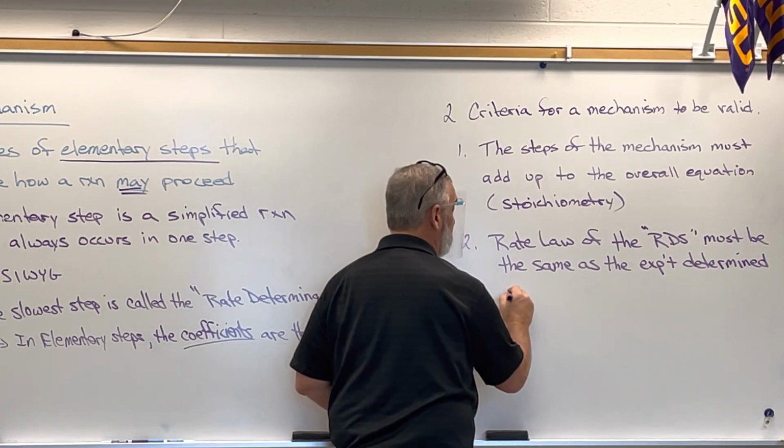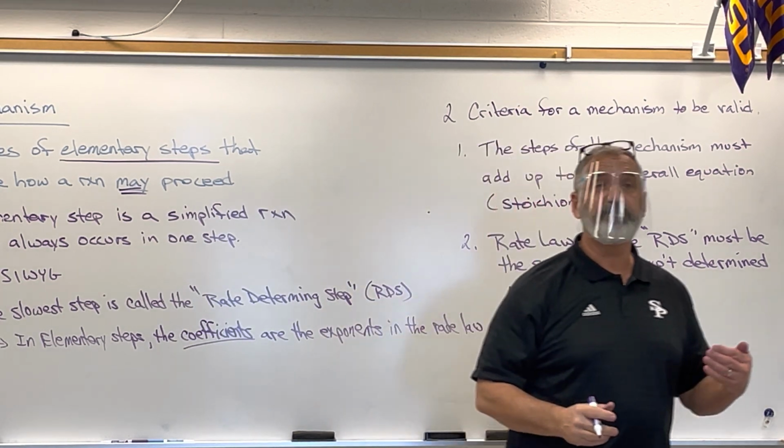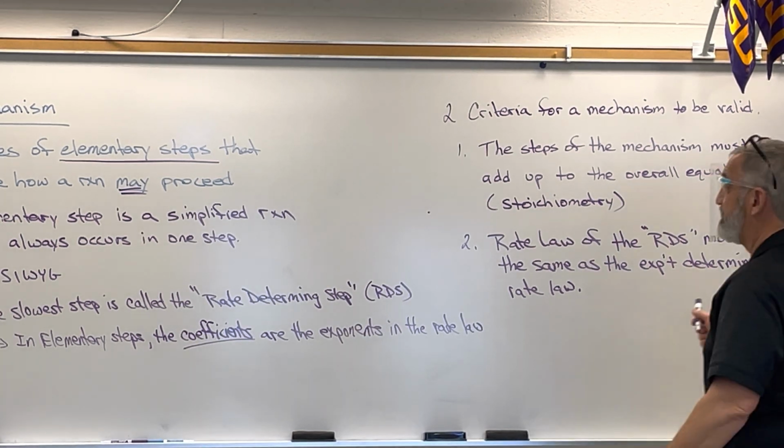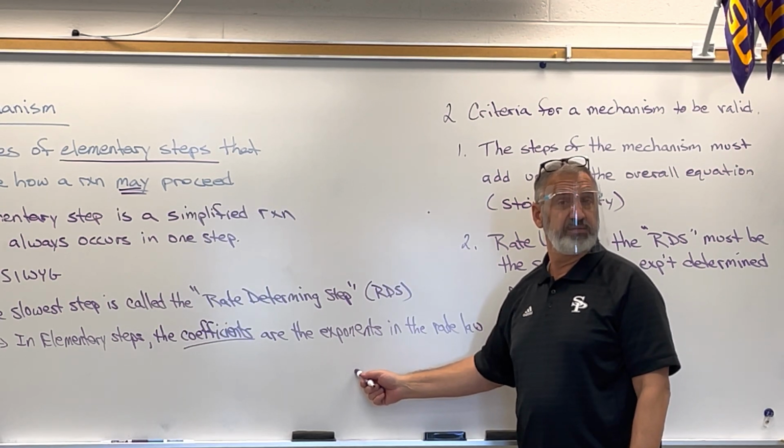And the experimentally determined rate law is what we just did when we determined what x and y are from the data and the tables and all that stuff. And in our rate determining step, we get to use the coefficients as our exponents.